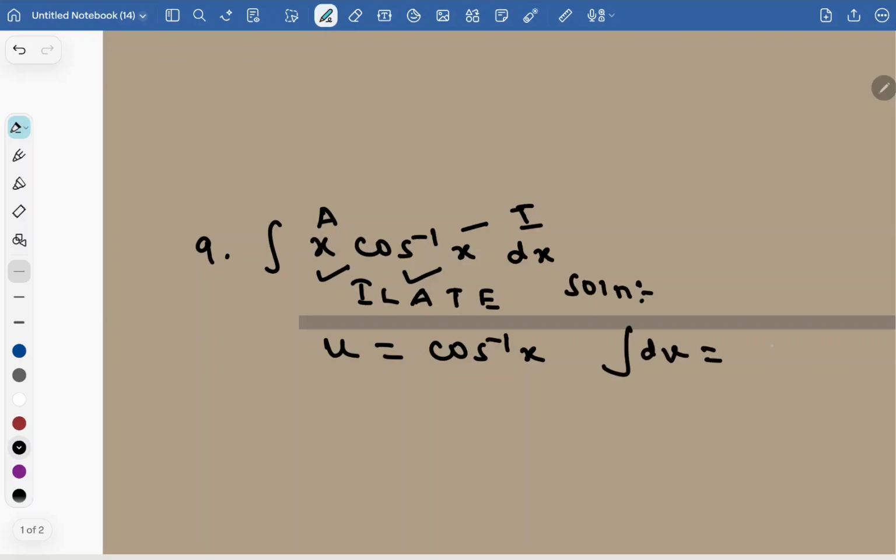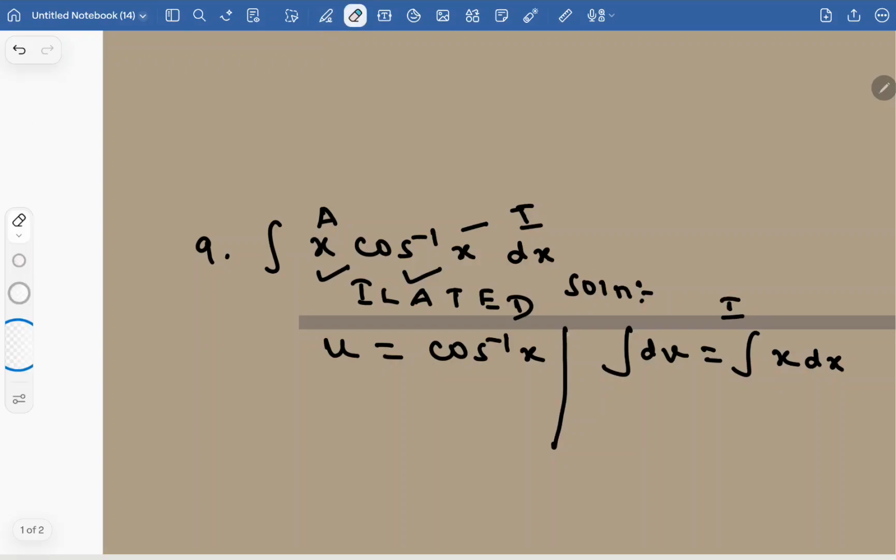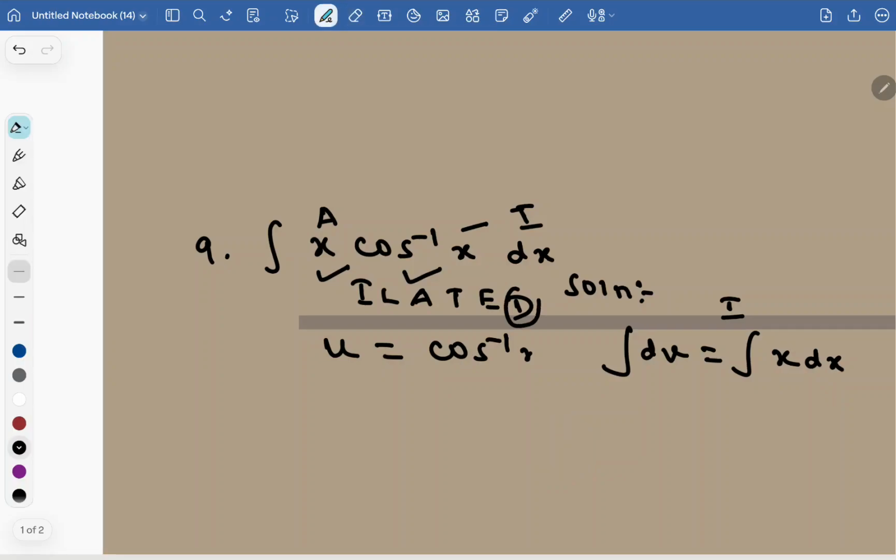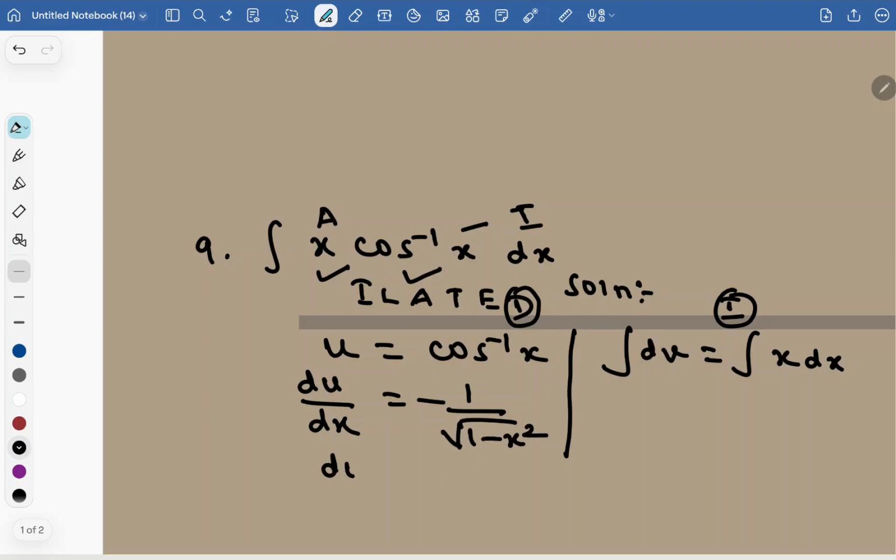dv as integral x dx. This part differentiation, this part integration. Differentiation, integration, cos inverse of x. Find du by dx. Answer is minus 1 by root of 1 minus x square, du is minus dx by root of 1 minus x square.